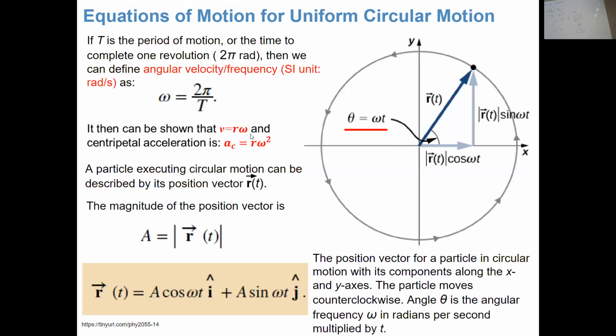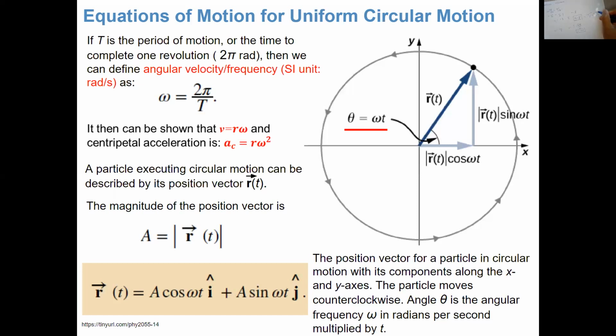So if you are given angular velocity or angular frequency, then centripetal acceleration can be rewritten in terms of the radius and the angular velocity. You just replace the v in the first equation with omega r. So this becomes (omega r) squared over r, which is omega squared r squared over r.